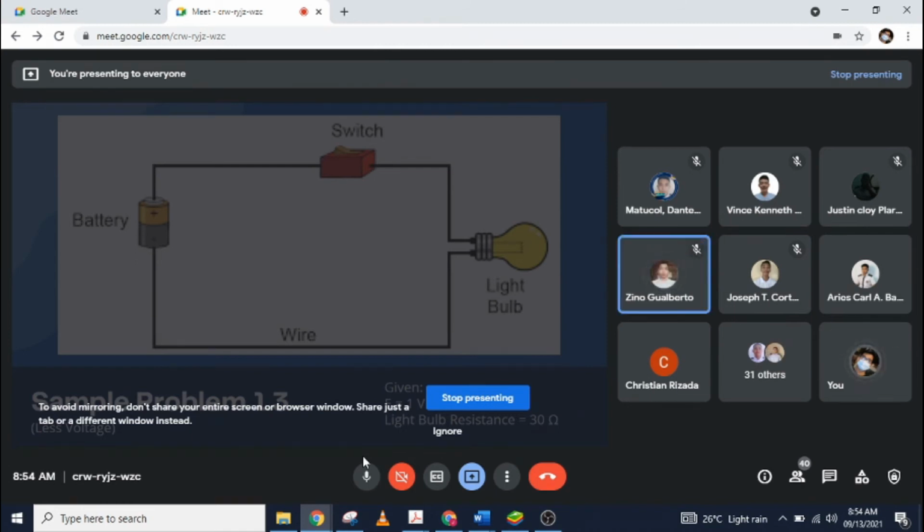So when we decrease the voltage, ano yun, Gualberto? Decrease ang current, sir. Okay. So we actually observe that when we solve, na pag dinecrease natin yung voltahe from 1.5 naging 1, the current also decreased from 50 milliamperes naging 33 milliamperes. Okay, so that's actually the relationship here.